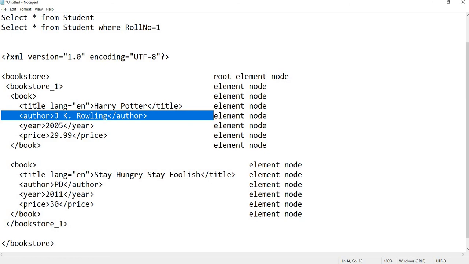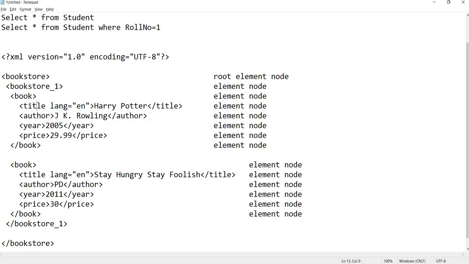Okay, and parent, let's talk about. The book is a parent of title. So if I say I want the parent of this title element, it would only be book. So parent is the immediate parent. But if I say give me ancestors of title, it would be book, bookstore underscore 1, bookstore, right? So all these are ancestors for the title element.